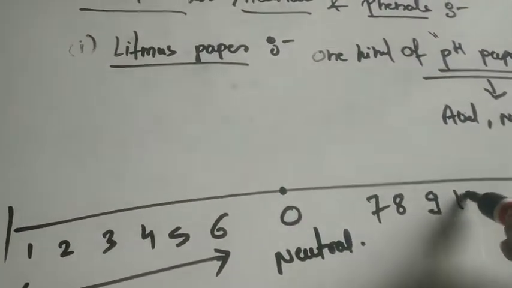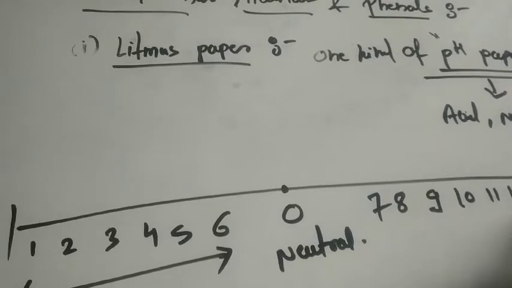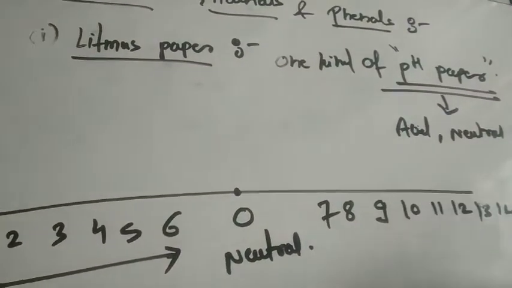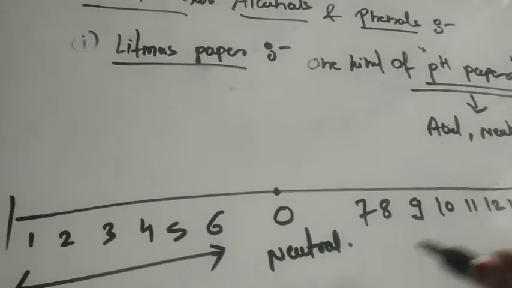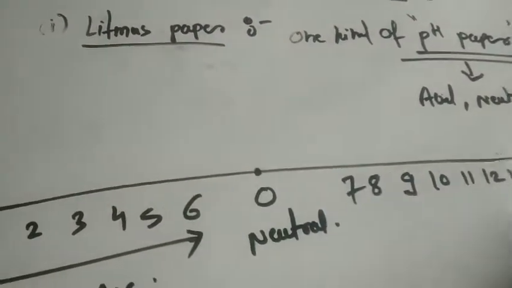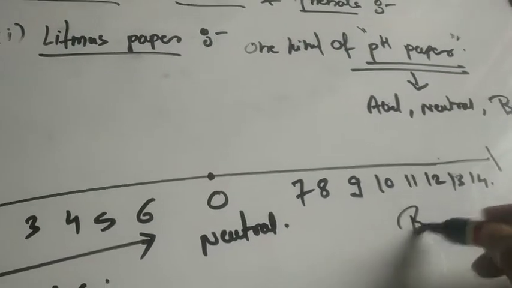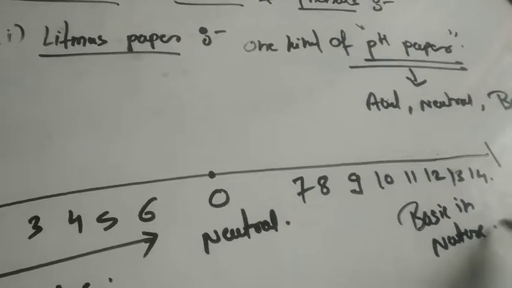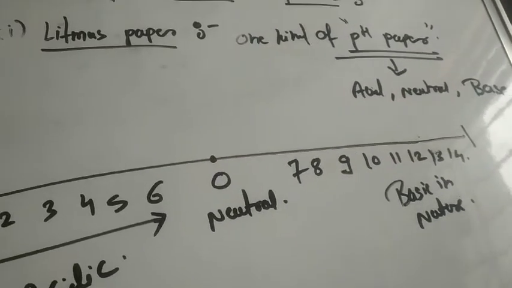Then 7, 8, 9, 10, 11, 12, 13 and 14. Till 14 we have this pH scale. So here you all know that this is basic in nature. Basic in nature, right? So this is the pH scale.